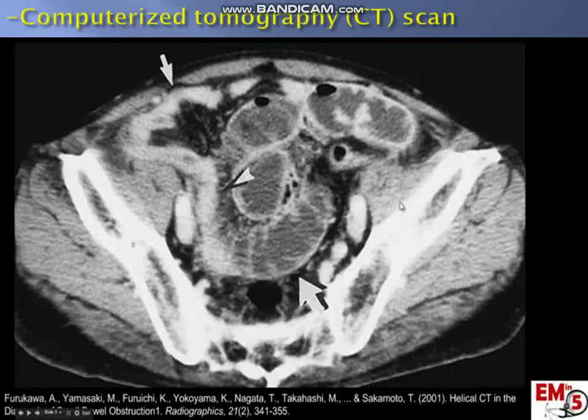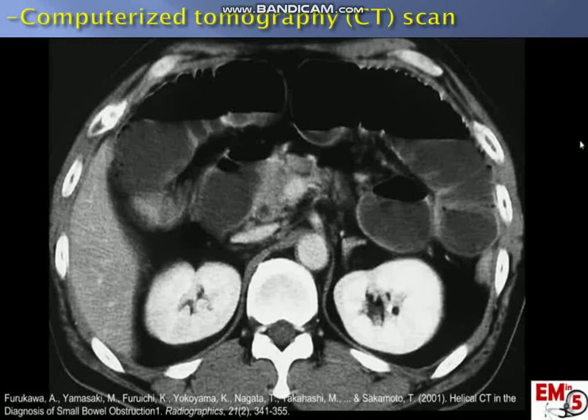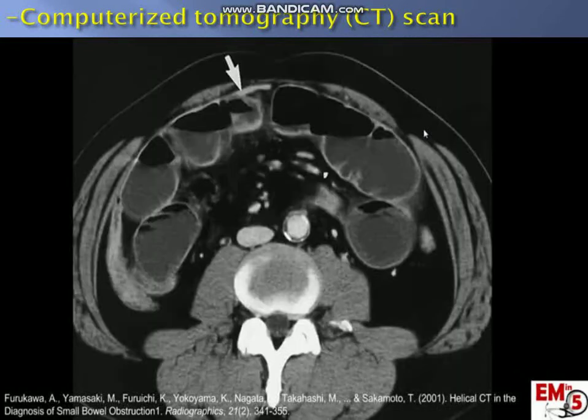So we can diagnose by using a computerized tomography CT scan. A CT scan combines X-ray images taken from many angles to produce a cross-sectional image. As you all see in the video, the area that's narrow or blocked. These images are more detailed than a conventional X-ray and more likely to show intestinal obstruction.